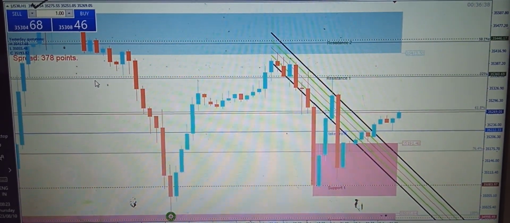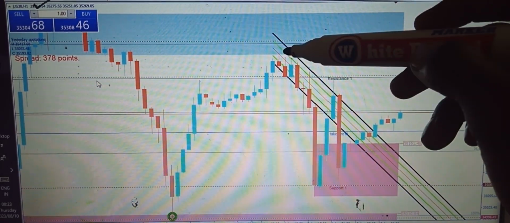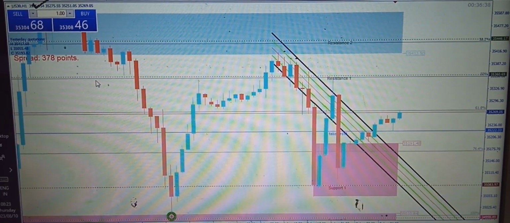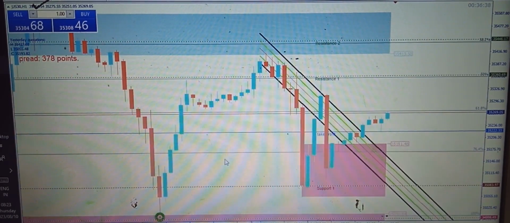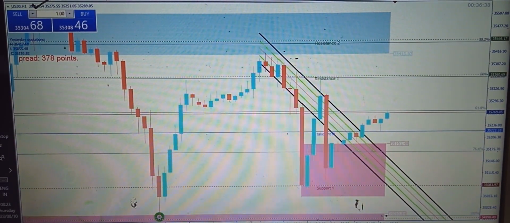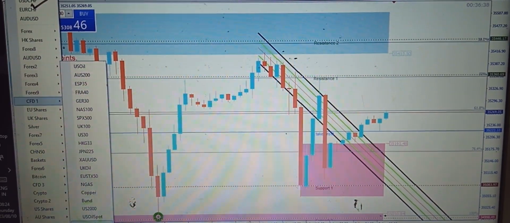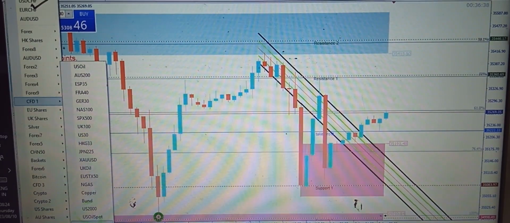As you can see, we don't have any signals on the US30 trend line. We don't have any signal on that trend of US30. Okay, now let's look into gold. The trend here on US30 is not really effective for us, right?